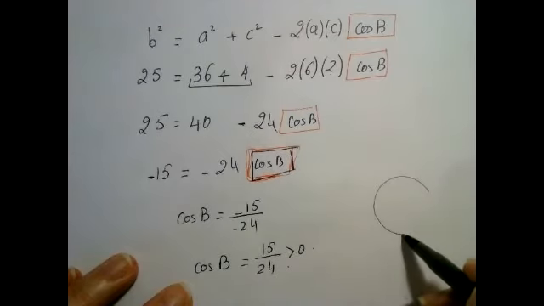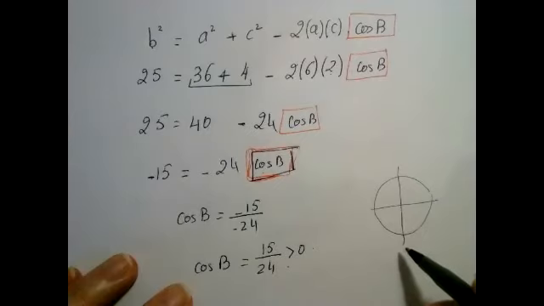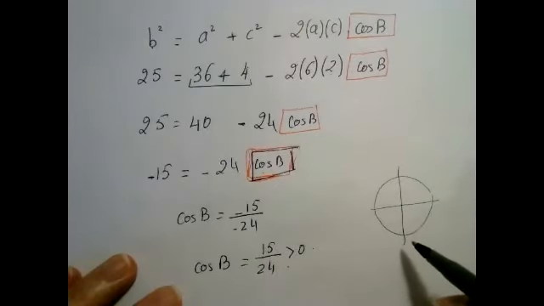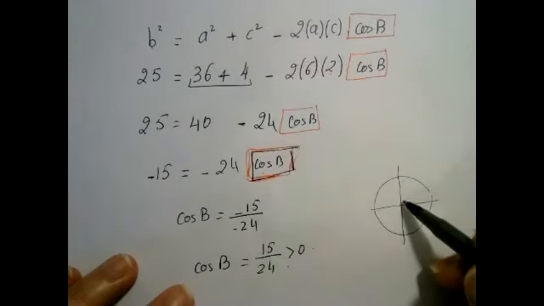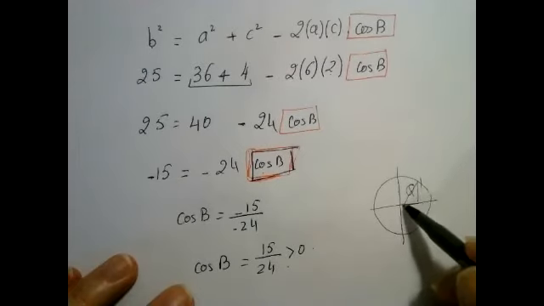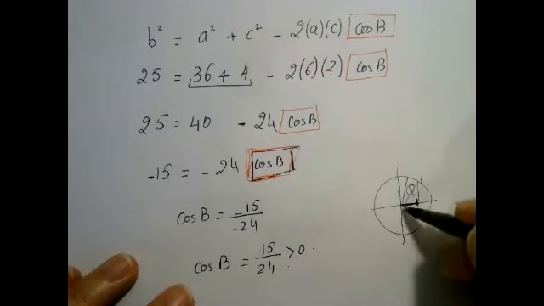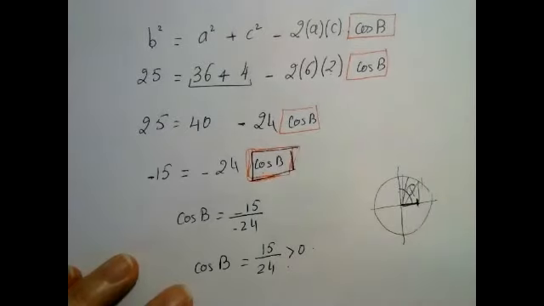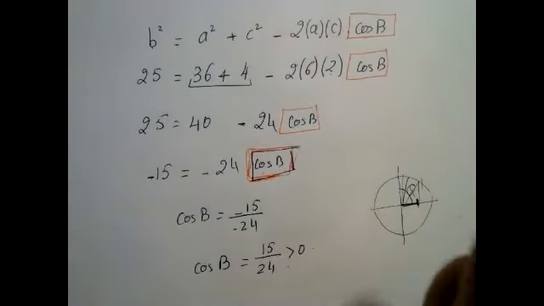Shouldn't it be between 90 and 0? Yes, if the cosine is positive, it means my angle has to be in the first quadrant, because the cosine is always the x coordinate, which means it has to be between 0 and 90, which is going to be an acute angle versus an obtuse angle.